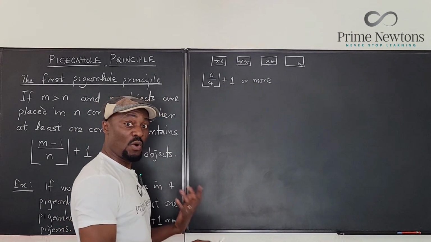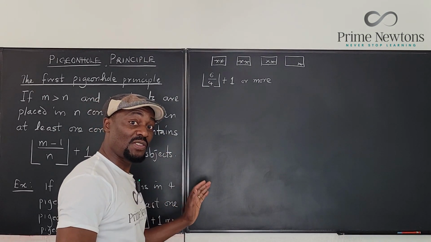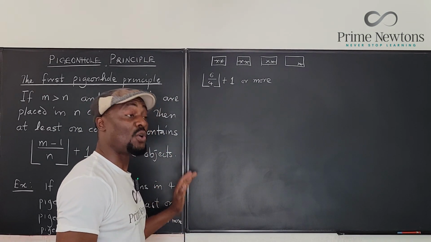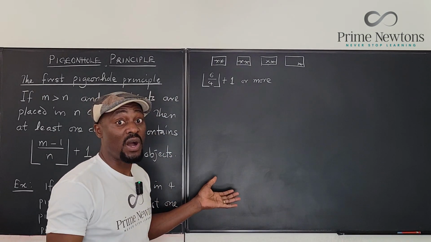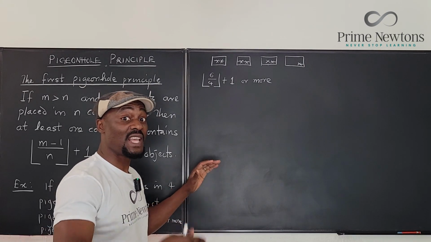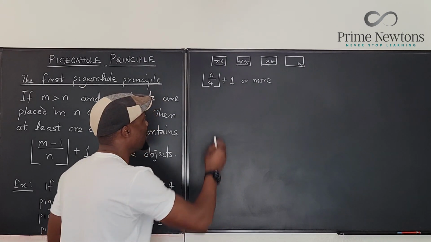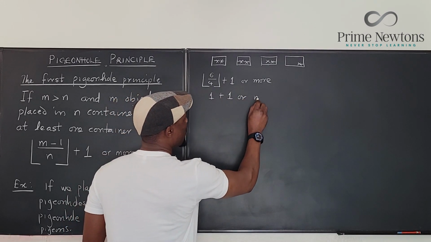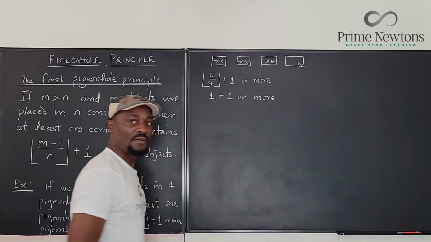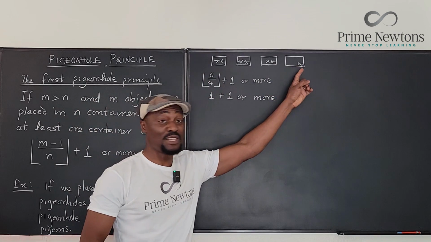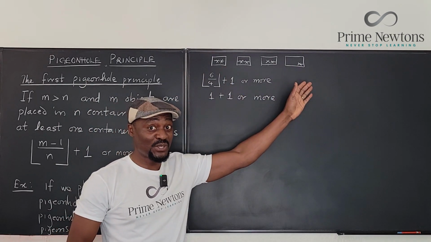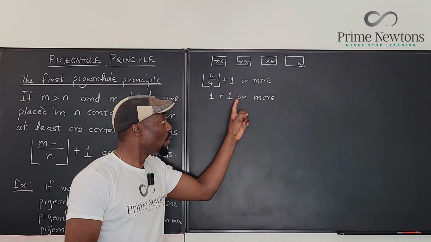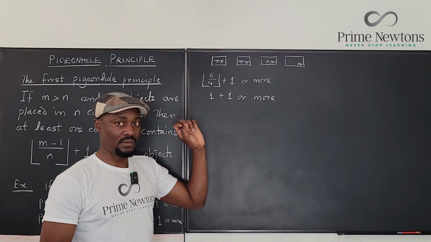So the floor of 1.5, the greatest integer less than or equal to 1.5, has to be 1. So that's going to be 1 plus 1 or more pigeons. So there has to be one of these pigeonholes containing 2 or more pigeons.